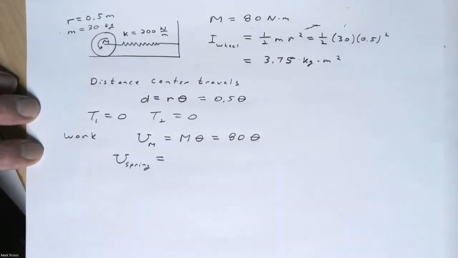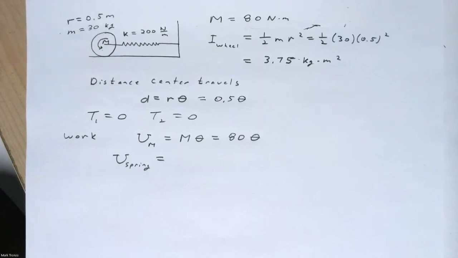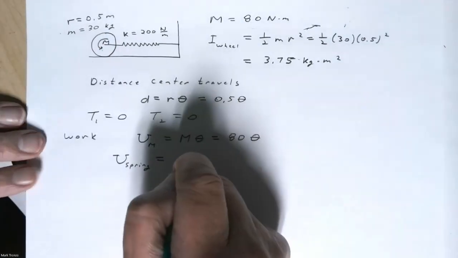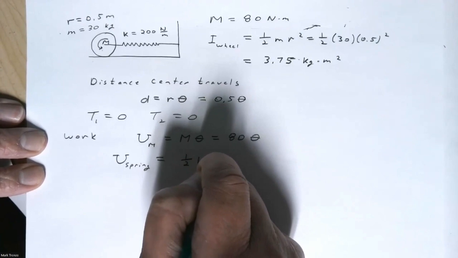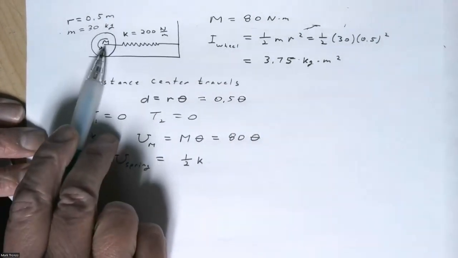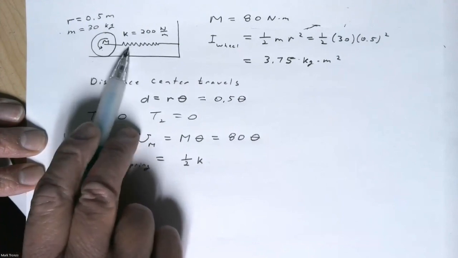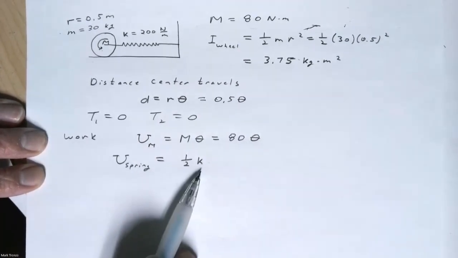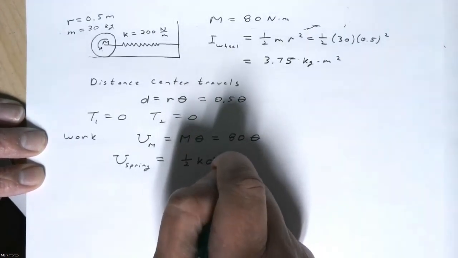It's initially unstretched, so we're only going to have one term, a 1/2 k. Usually we put in s squared, but since the amount of deflection of the spring is going to be the same as the distance the wheel moved, we can call the compression or deflection of the spring d squared.